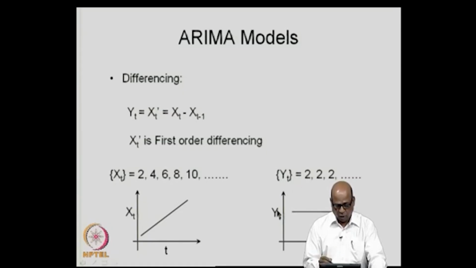If you plot y t versus t now, you have a horizontal line, which is obviously stationary. So, what was originally non-stationary, just by first order differencing in this particular example, we have converted into a stationary time series. In general, the differencing has the effect of removing some amount of non-stationarity in the data.